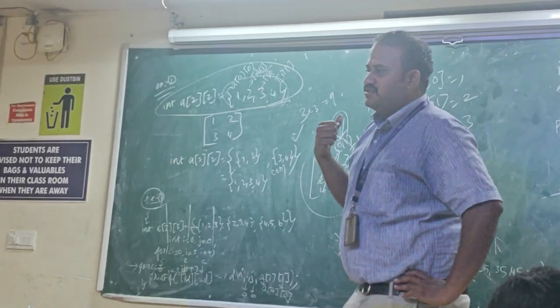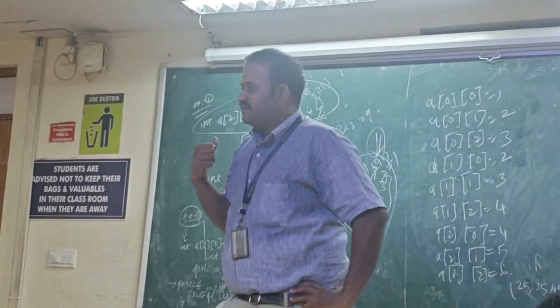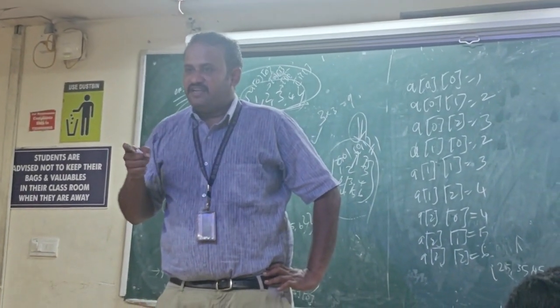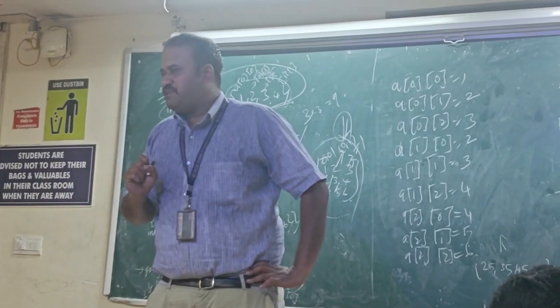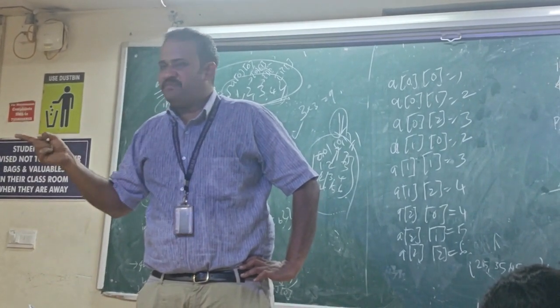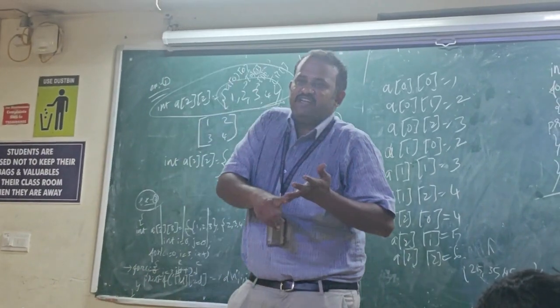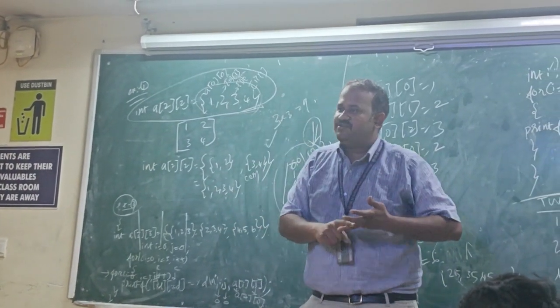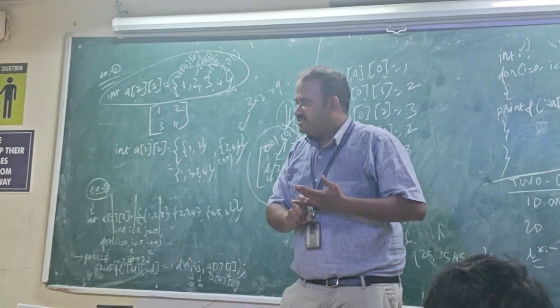So this is your 2D array. This is your lab 5 experiment. If you go for the fifth experiment, you can see how to construct a one-dimensional array and a two-dimensional array. Able to understand this?